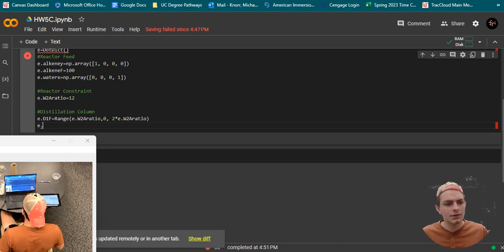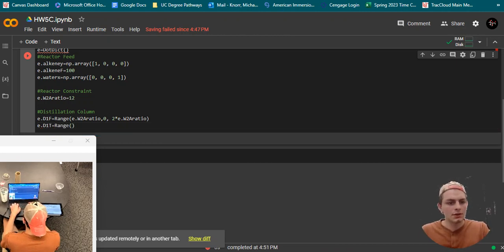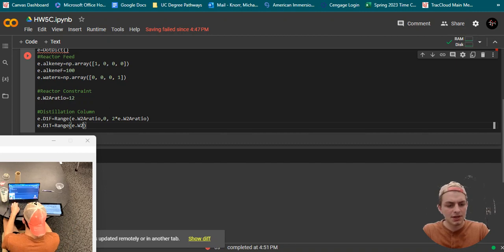Similarly, let's do our D1 top here as another range. And for that, let's make our initial guesses an equal split of this ratio here.